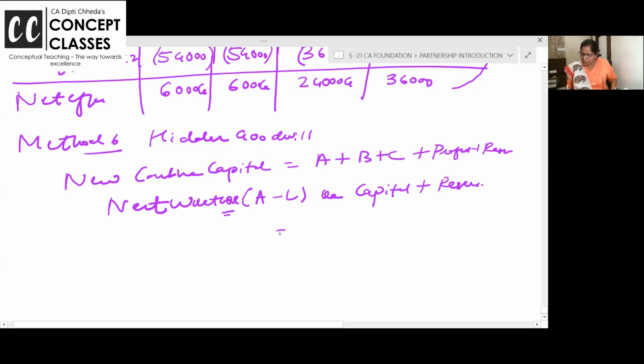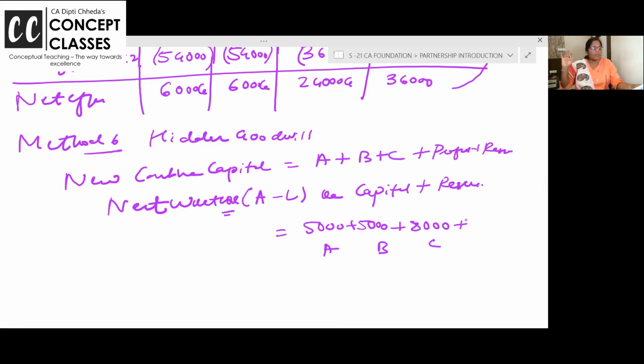So what is the new combined capital? What was the capital of A and B? 5,000 and 5,000. How much did C bring in? C brought in 8,000. This is A's capital, this is B's, and this is C's. It is not capital, C just brought in 8,000. Or they already have some reserves and profits. How much do you have in reserves and profit? 4,000.